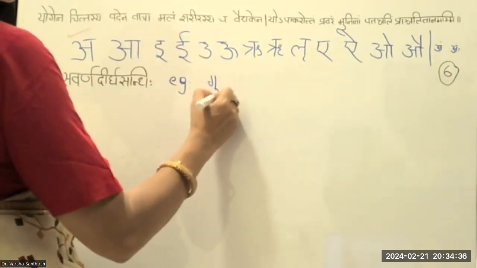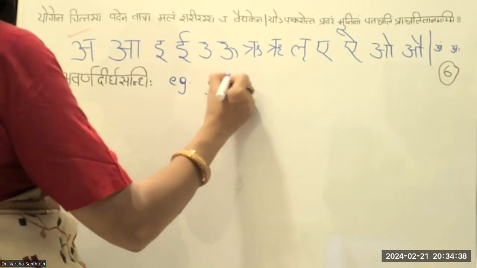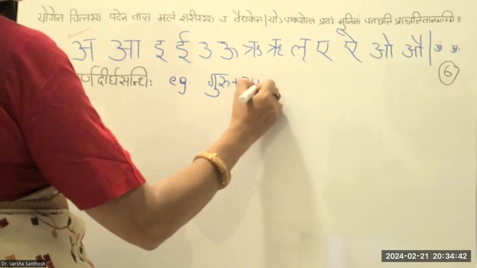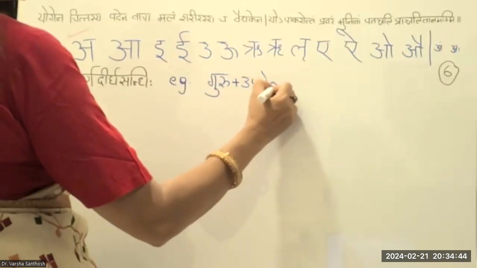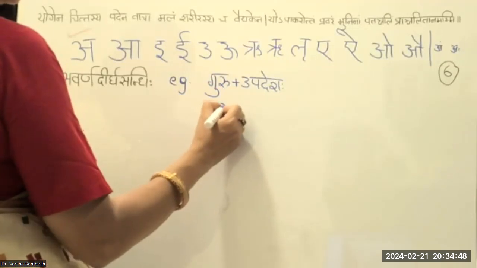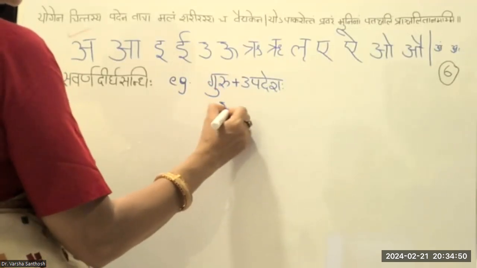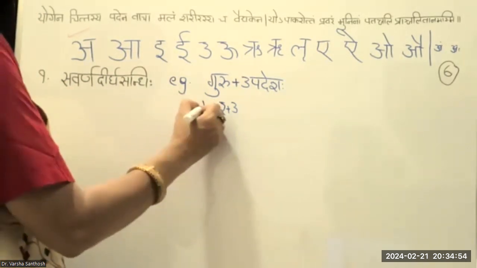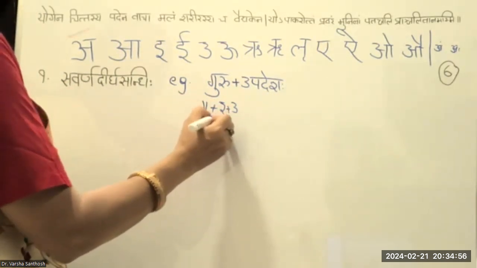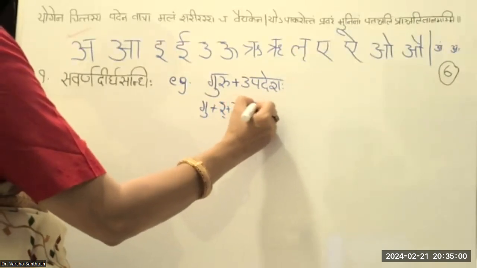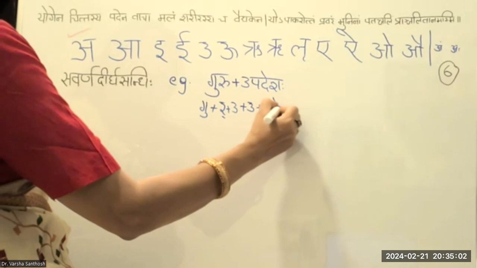There is a word Guru and there is a word Upadesha. In Guru, we have to remember this R is existing on that U. Gu plus R plus U, and plus this Upadesha's U and plus Desha.